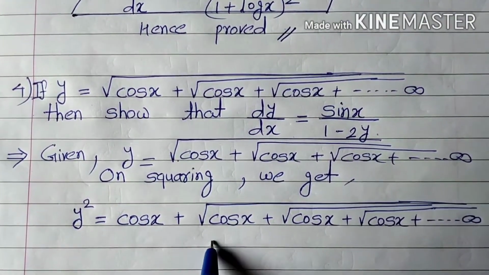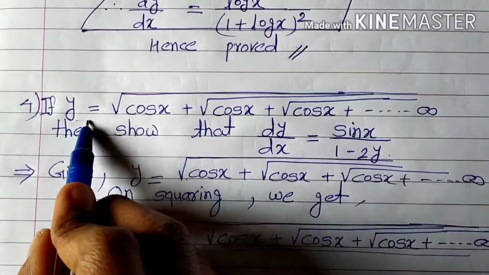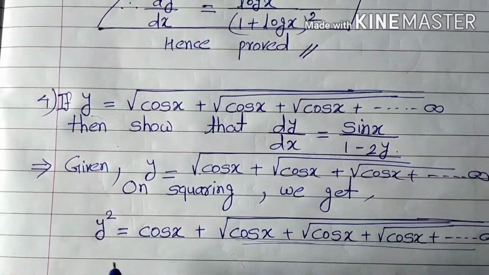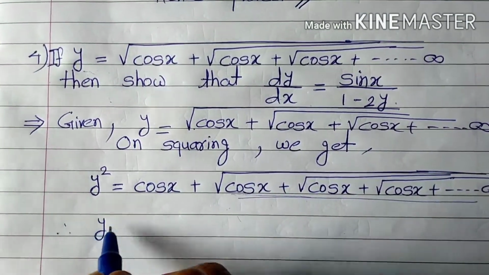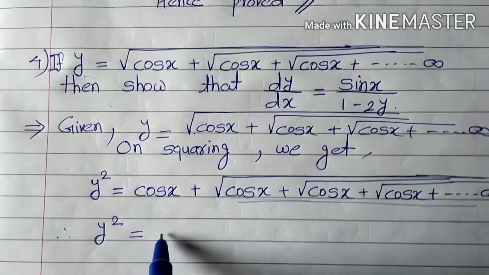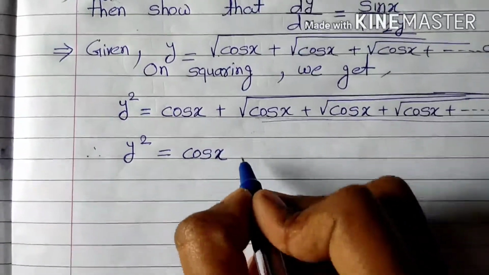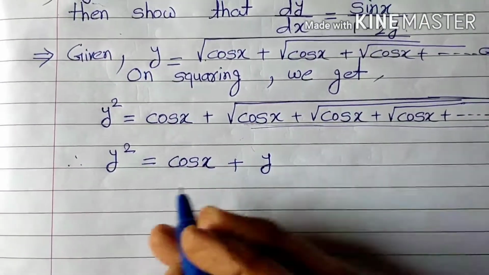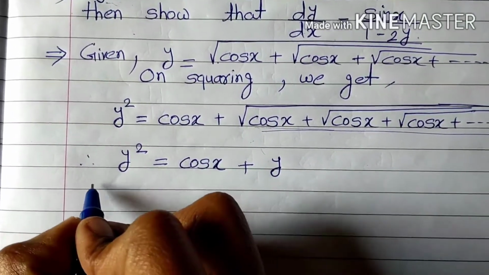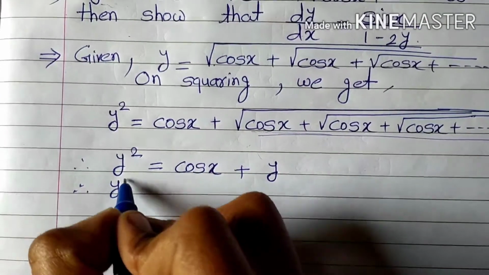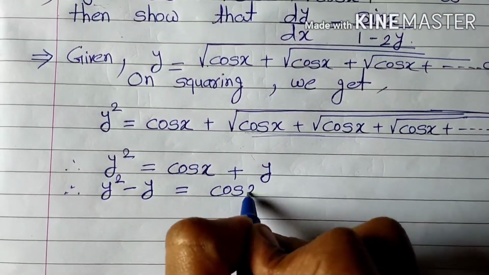So you can observe it is the value of y. So put it in the equation, therefore y square is equal to cos x plus y. Now take y on RHS side, so y square minus y is equal to cos x.